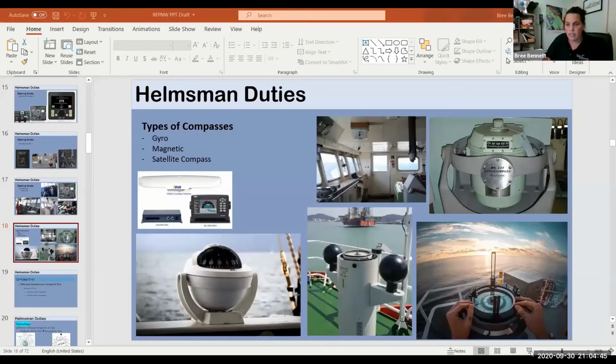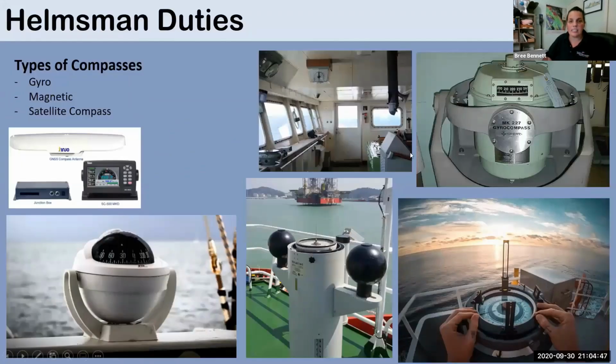Okay, so this is kind of different compasses that we can have on board. We have a gyro compass, which is up here, and this is a gyro repeater. So this one on the bottom right, if you line up one line with another, there's a mirror on the compass, so it can give you a very accurate bearing using the ship's compass.